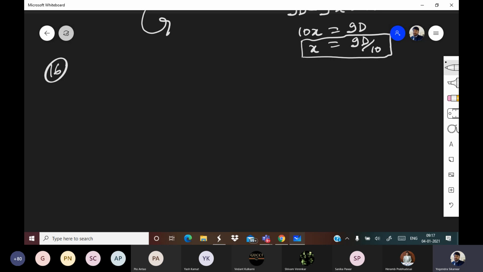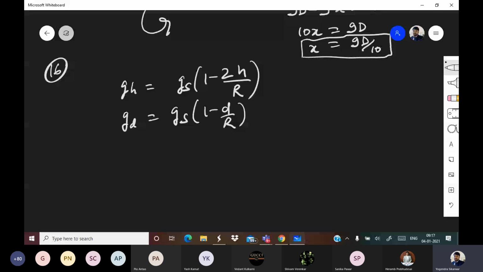17th question says if the change of value in g at height above the surface is same as the depth below, then both x and h much smaller. So try to understand. gh is gs into 1 minus 2h upon R, and gd is equal to gs into 1 minus d upon R. Now if these two are equal, so basically if the change is small, that means d is equal to 2h.